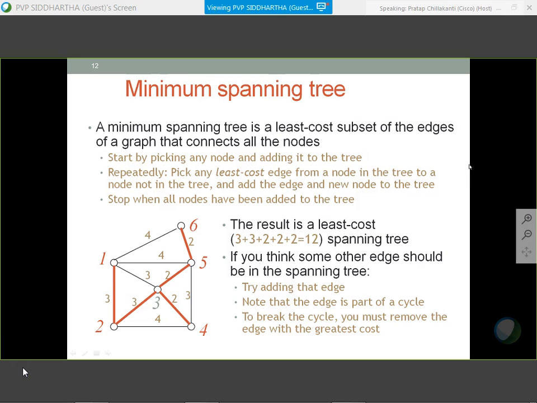And the tree that we are interested in is a spanning tree. What is a spanning tree? It should include all the nodes of the graph, and it will not have cycles. That is spanning, meaning your tree is spanning all the nodes of the graph.